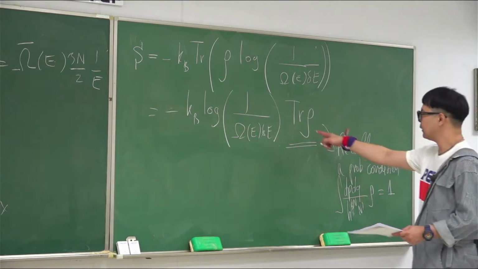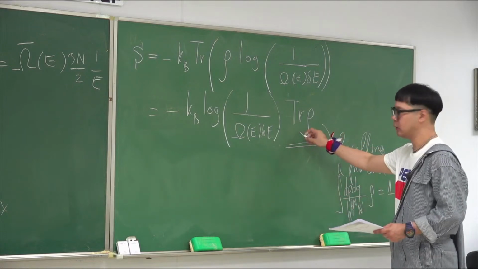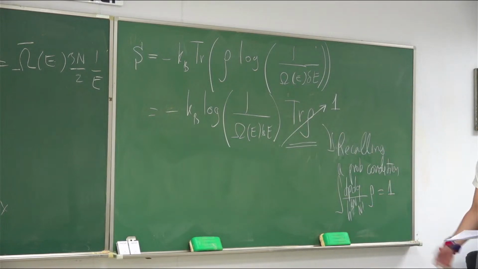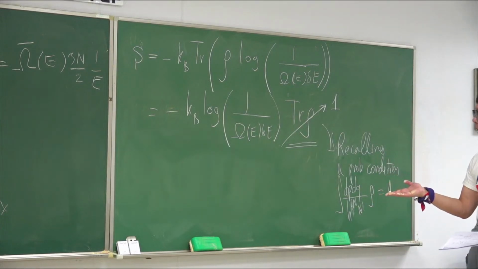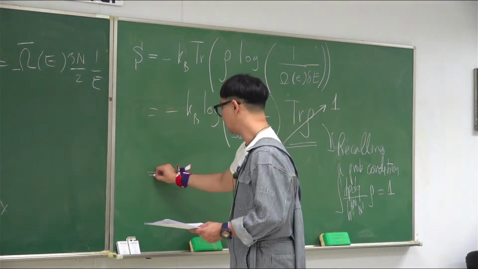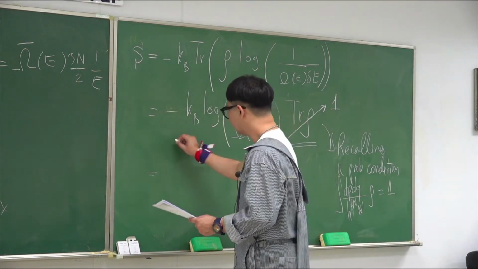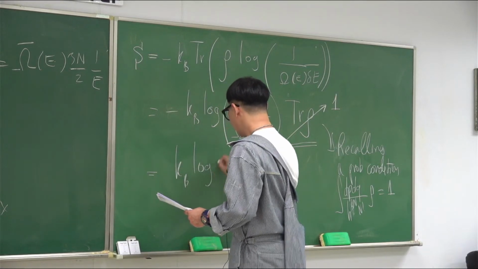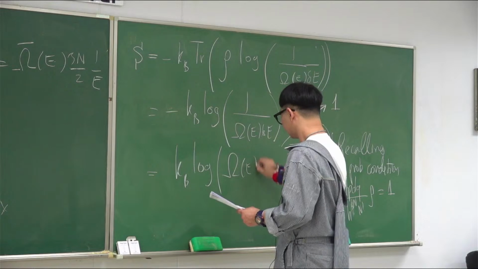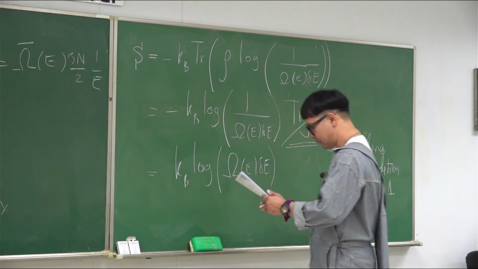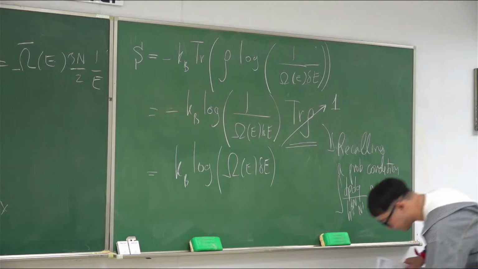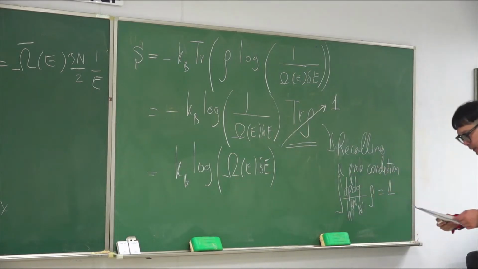Then it means this term is going to give you 1 because the trace of the rho must be 1, otherwise it's not going to satisfy that. So then you now get this quantity as your entropy.